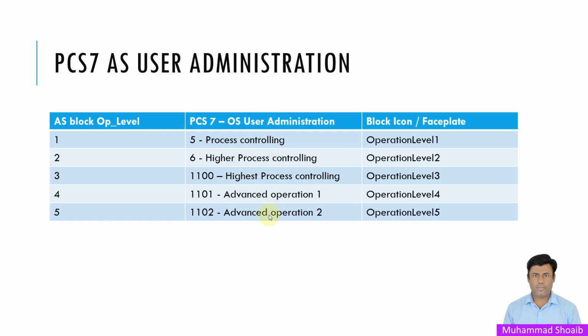But in this tutorial video, we'll learn how we can configure the user authentications at the block level. So we have actually five different levels, like you can see AS block 1, 2, 3. So we'll see shortly what the default configuration already is in our block level.